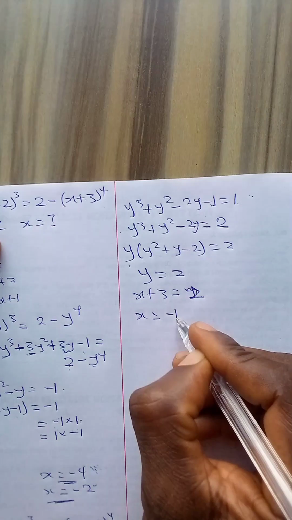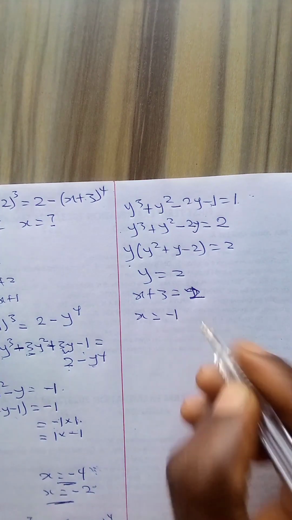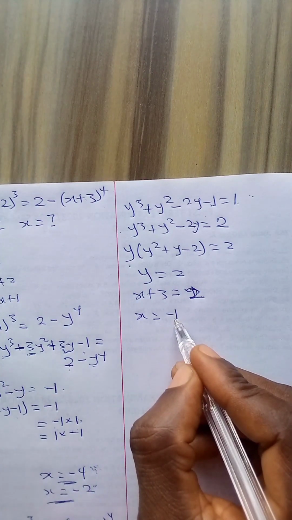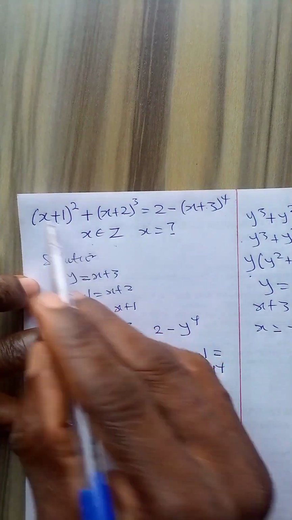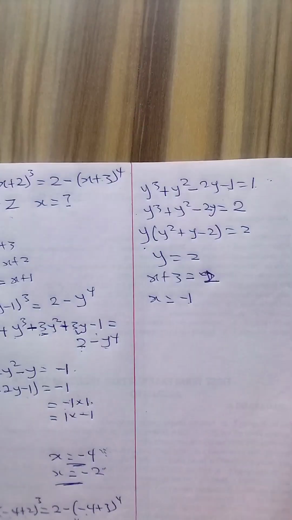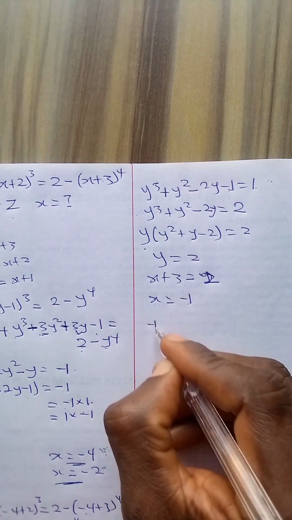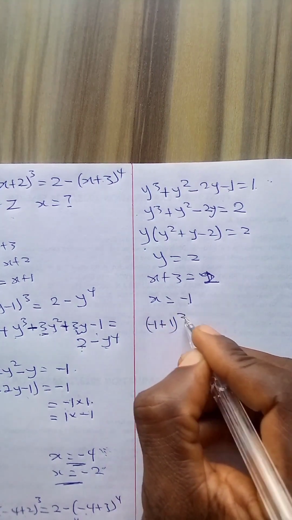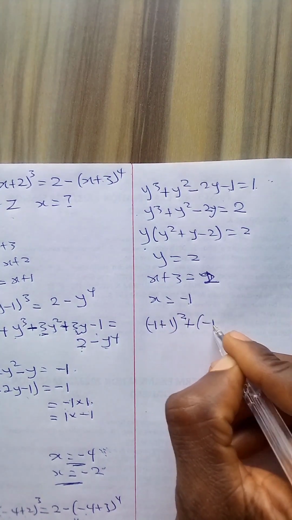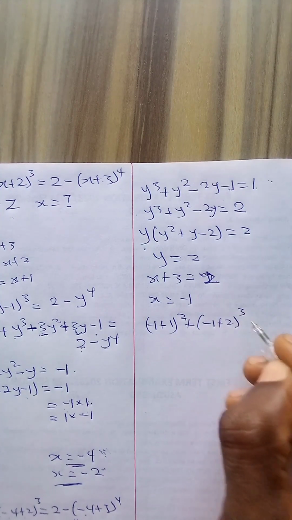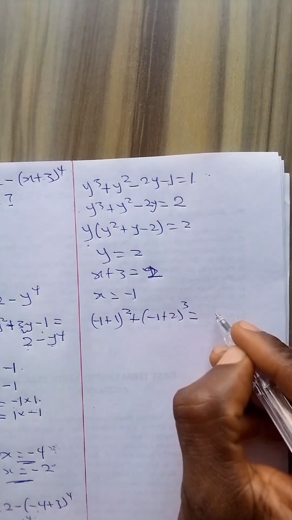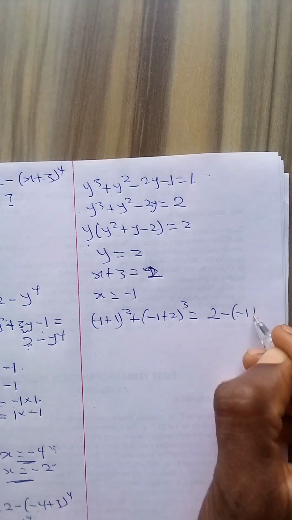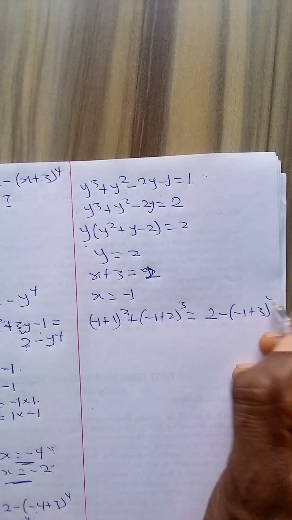Is minus 1 a solution to this equation? We can find that out by substituting minus 1 into the original polynomial expression. So I have minus 1 plus 1 squared plus minus 1 plus 2 cubed is equal to 2 minus 1 plus 3 all raised to power 4.